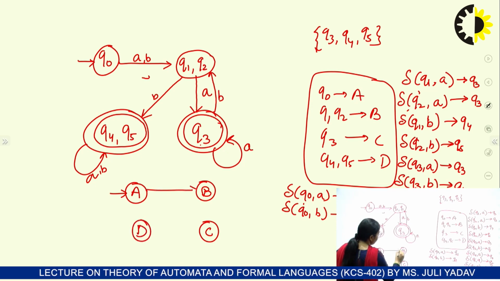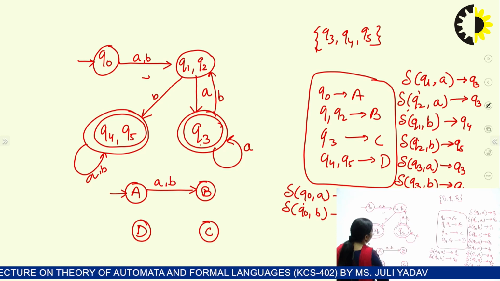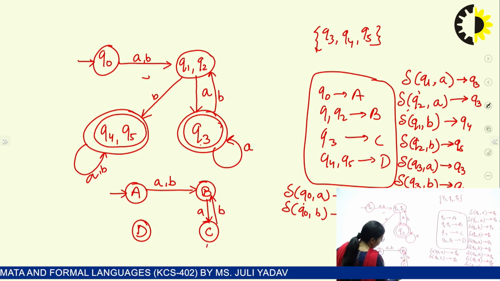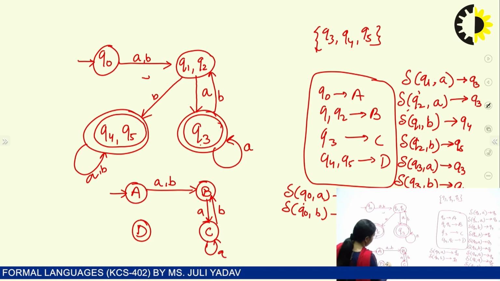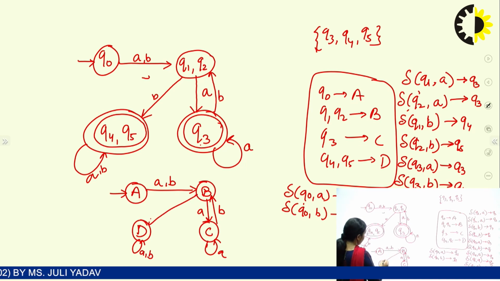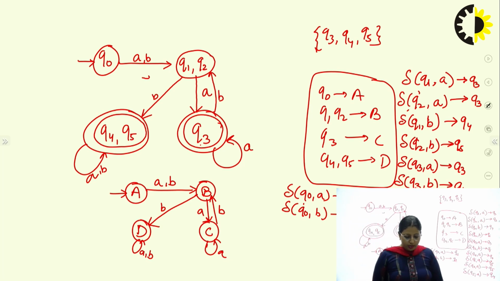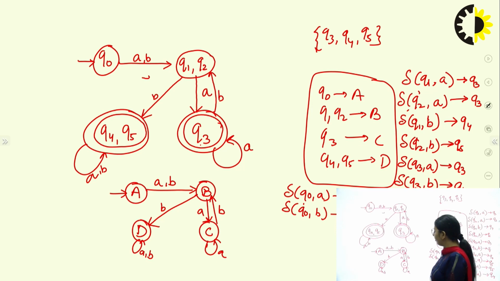So the same transition we have to show, A comma B, and there is a self loop for A comma B. So using another notation, we got the same output for both notations. And this is all from my side.